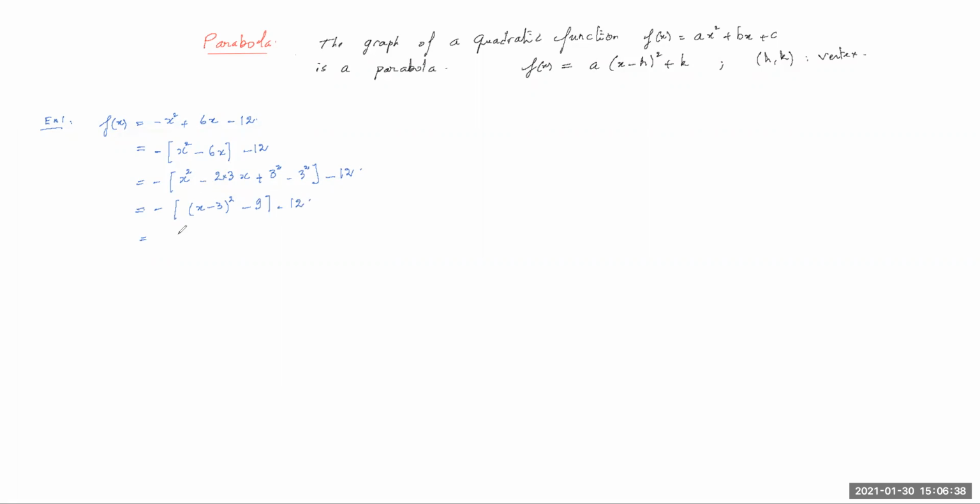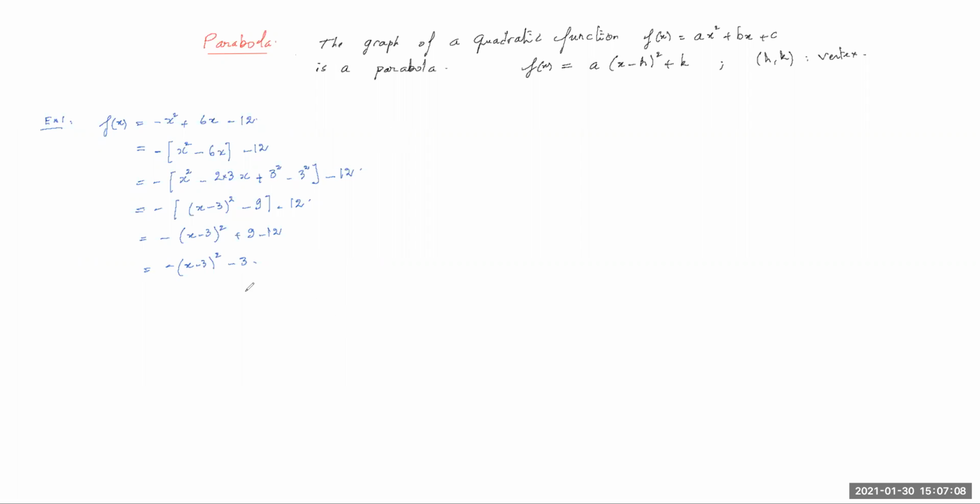If I remove the brackets, I will have (x minus 3) squared plus 9 minus 12, which is minus 3. Maybe I shouldn't skip a step here, so I'll write it plus 9 minus 12. Finally, we have minus (x minus 3) squared minus 3.